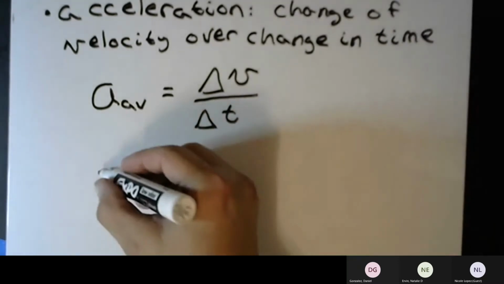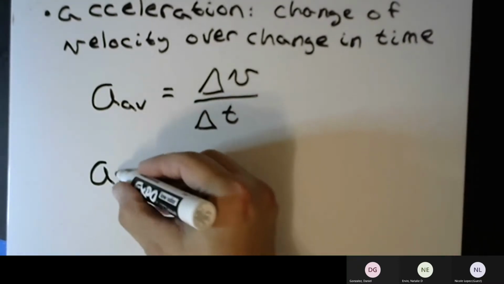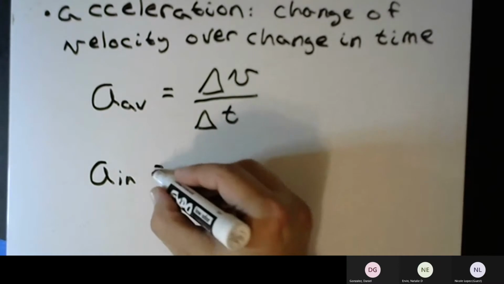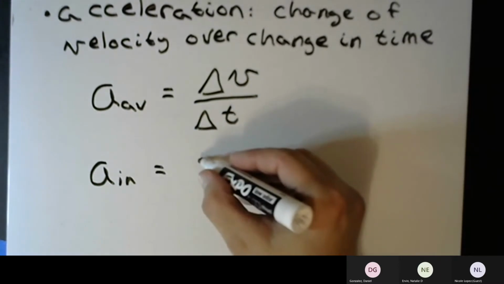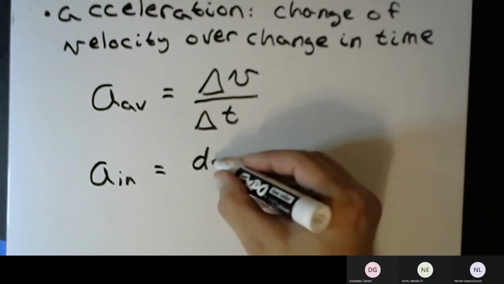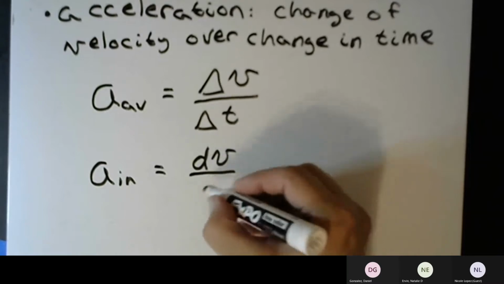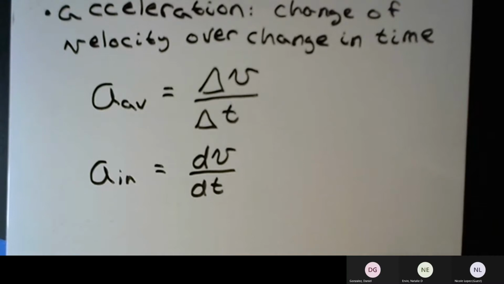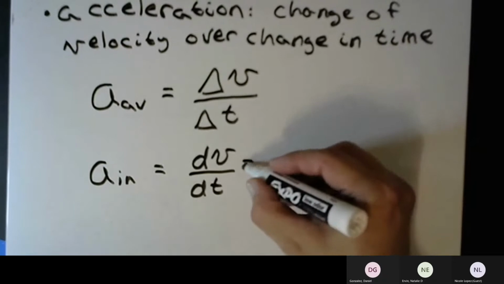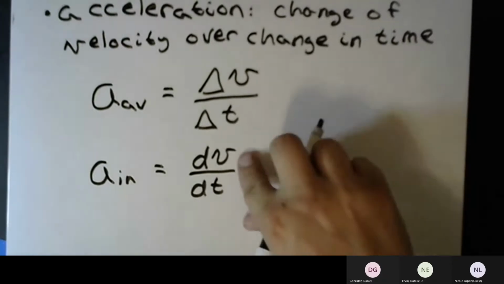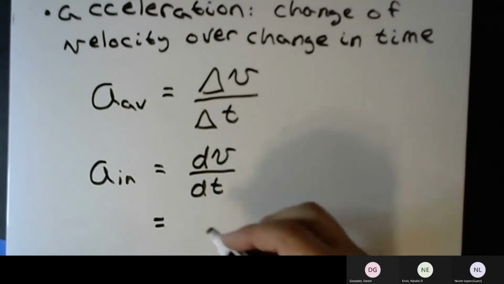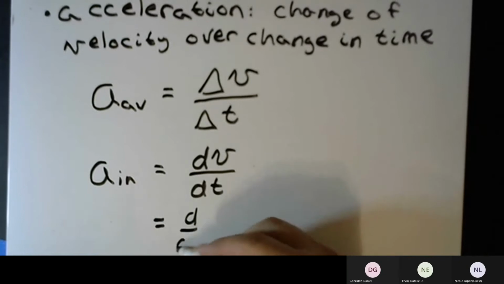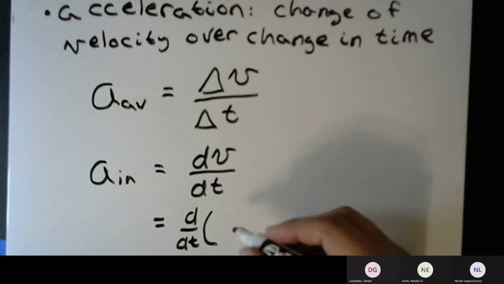And then we're going to have instantaneous acceleration, which in this case is going to be the derivative of the velocity, just like velocity was the derivative of position. Now, we do know, though, that velocity is the derivative of position.